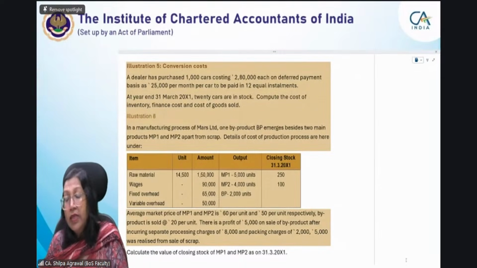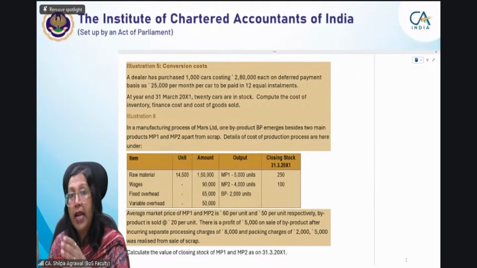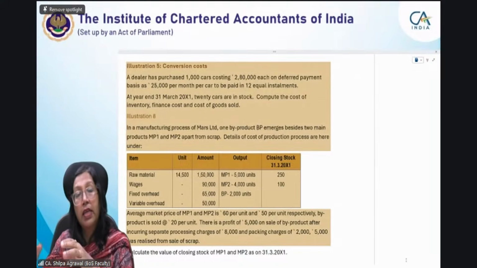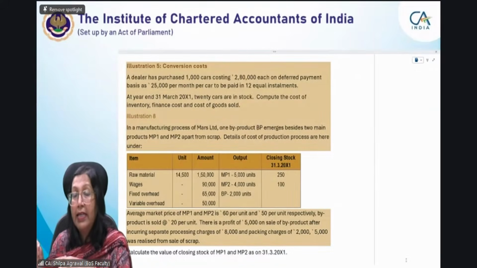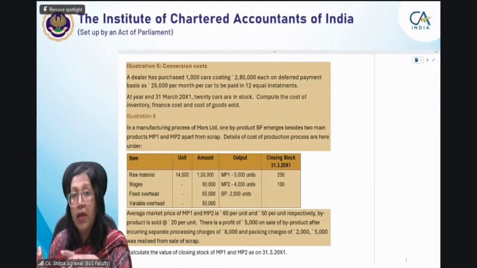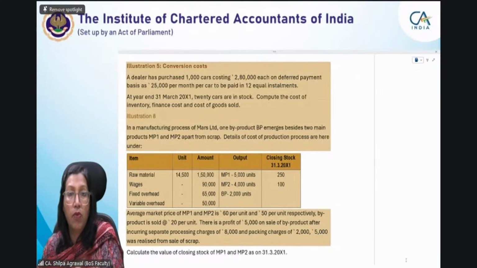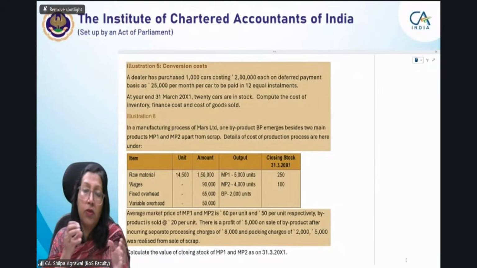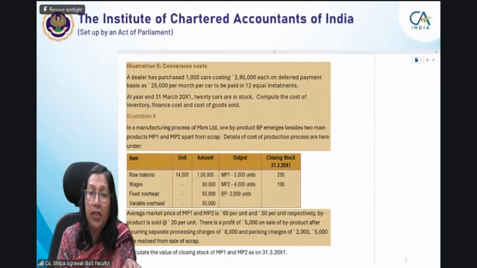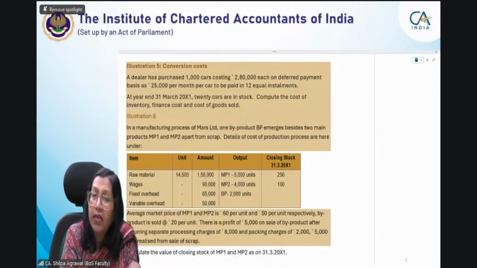Okay, Manish, see, sometimes it happens that we buy equipment. For that equipment, we have taken a loan, and that equipment is an integral part of the main machine. Without that, the main machine would not be able to function. So that equipment for which you have taken a loan is used with the main machine for manufacturing. In that situation, any borrowing cost incurred for that equipment will form part of the cost of the inventory.